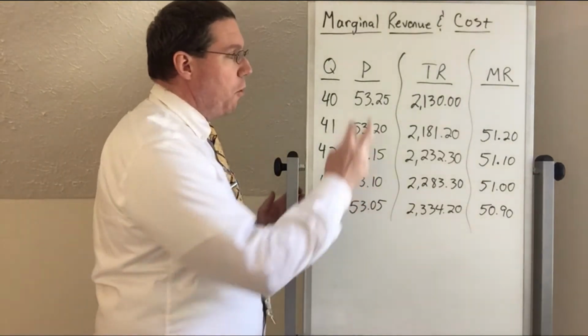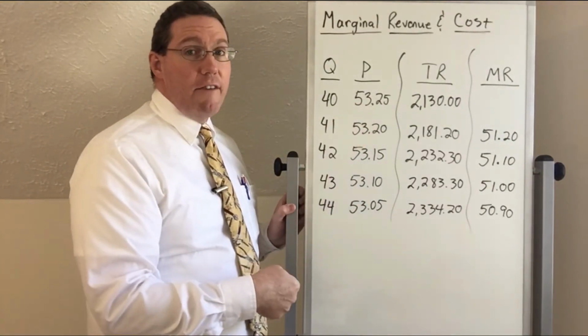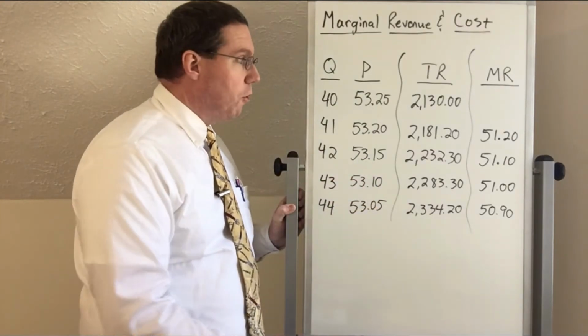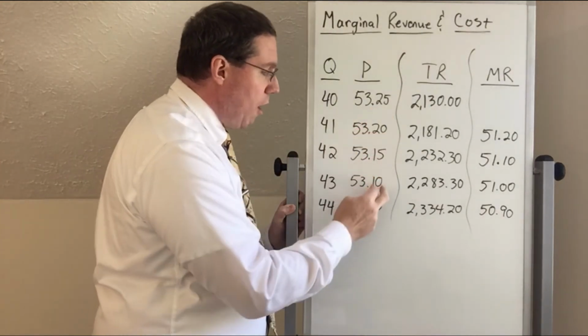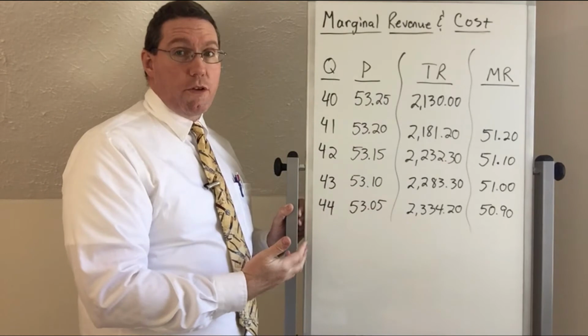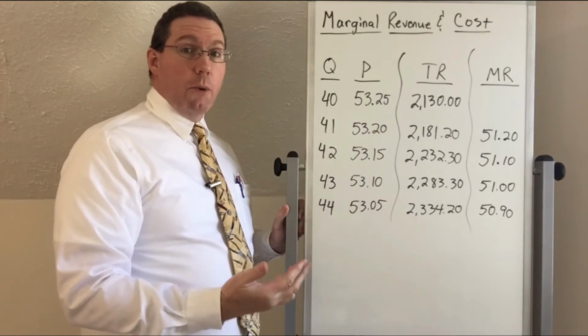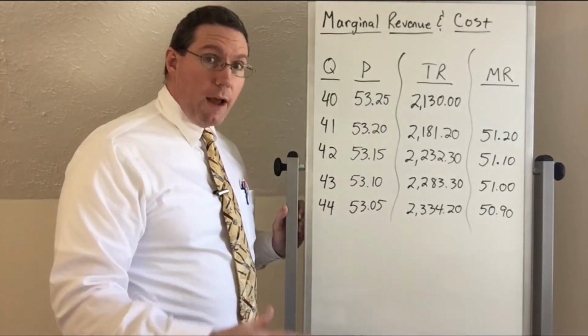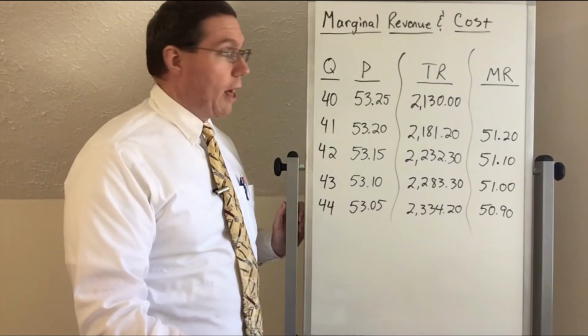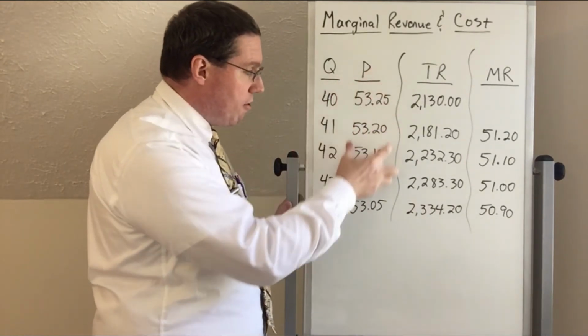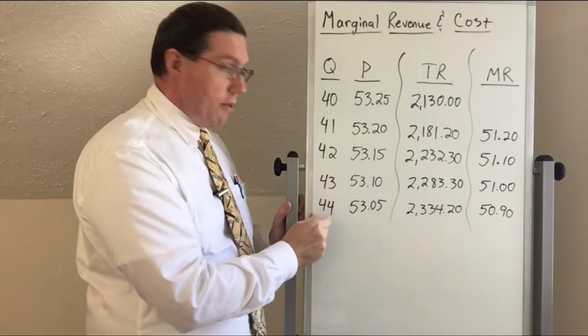There are people out there that won't buy for $53.25. Therefore, to get them to come in the door, we're going to start lowering our price so that we can sell more stuff. Walmart does the same thing. If they want to sell more stuff, they drop the price and then they sell a whole bunch more of it. Okay? That's why the price is decreasing as the quantity is increasing.